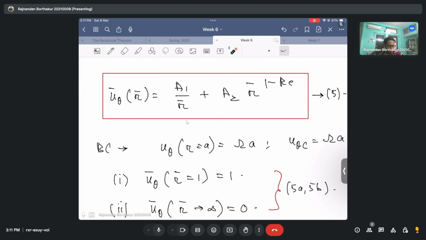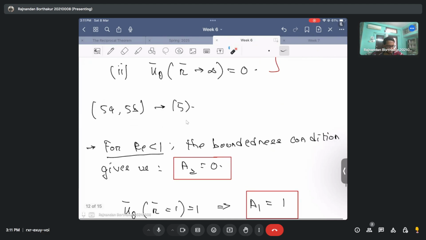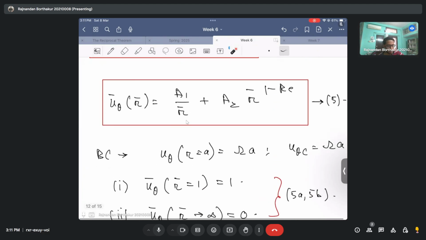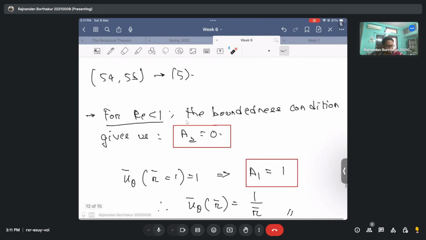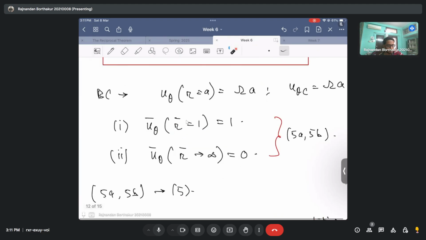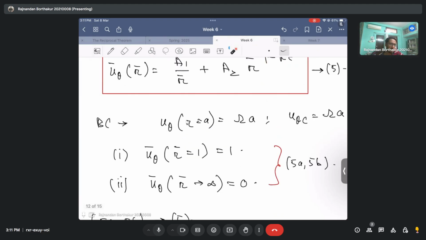Okay, so what we saw is that in the expression given by equation 5, for Reynolds number less than 1, given the boundary conditions we had, we could derive unique solutions. But for Reynolds number greater than 1, the said boundary conditions were not sufficient to give us unique closed form solutions, at least by using the boundary conditions that we have at our disposal.